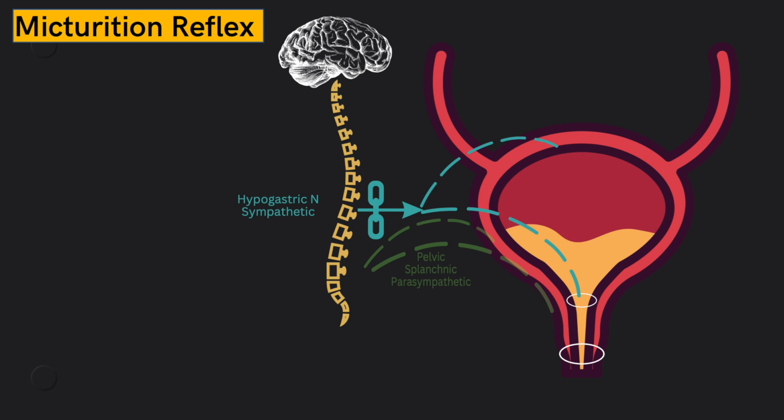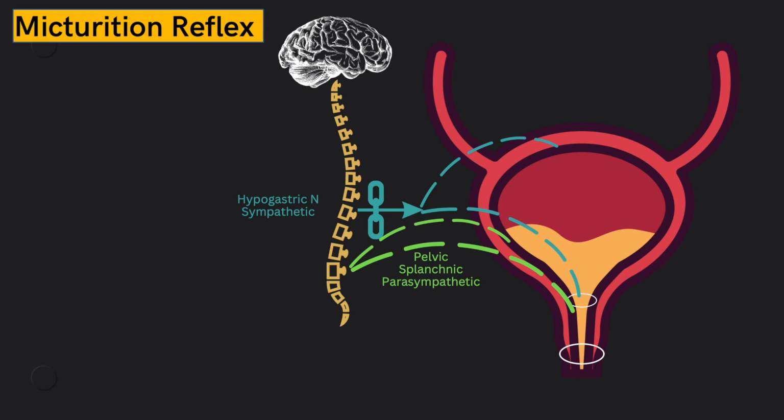Simultaneously, with the sympathetic, parasympathetic nervous system also, which is operated by PSN, that is pelvic splanchnic nerve, gives parasympathetic supply to the same detrusor and internal sphincter. But its action is to empty the bladder. That means contraction of the detrusor and relaxation of internal sphincter.